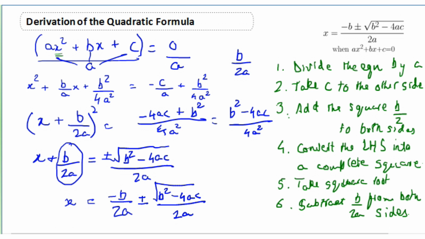Or if we simplify it further, we take 2a and combine it with both the terms, so we are led back to the same equation here, which is x is equal to negative b plus minus the square root of b square minus 4ac over 2a. And that is what we started with, the original quadratic equation, which is ax square plus bx plus c is equal to 0.